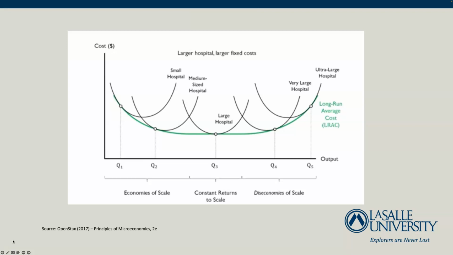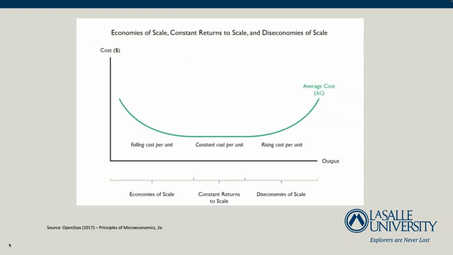If you only want to see Q2 patients per year, a medium-sized hospital would actually be the least costly way to do that on average. So in essence, economies of scale refers to a falling cost per unit, where patients seen at constant returns to scale refers to constant cost per unit, and diseconomies of scale refers to a rising cost per unit.